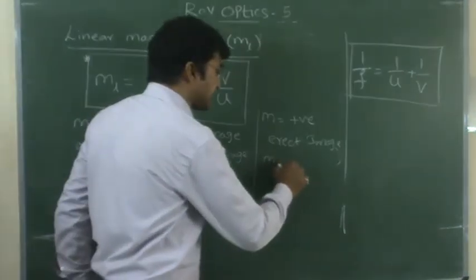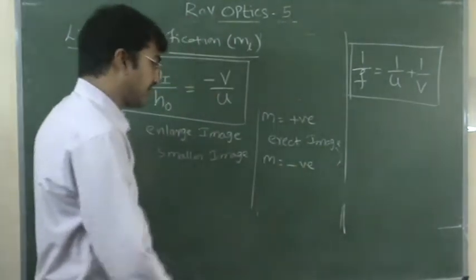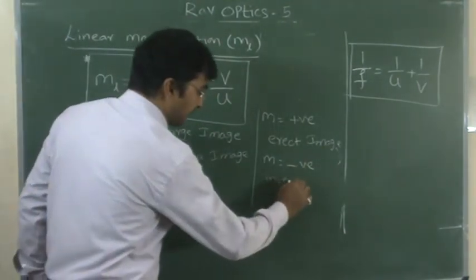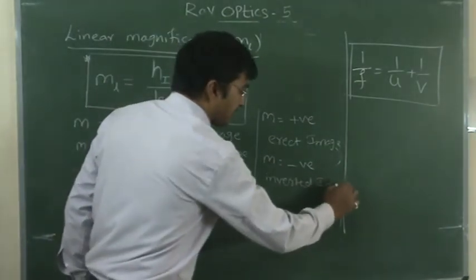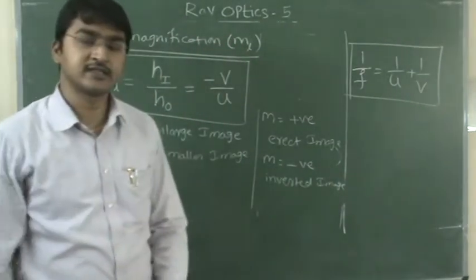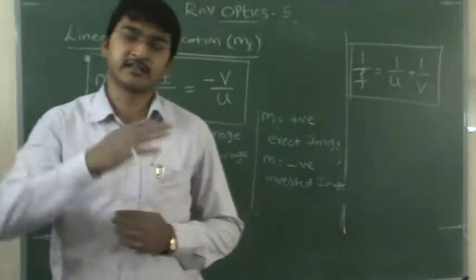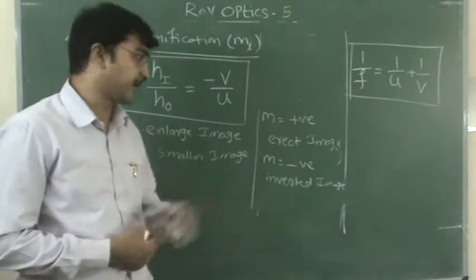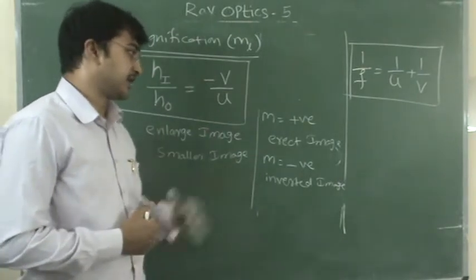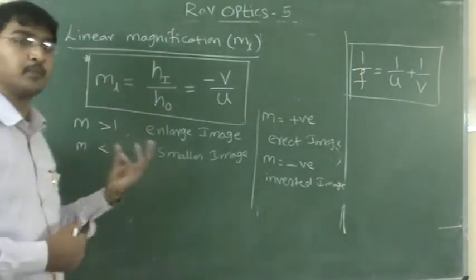If m is negative, it is an inverted image. As you know, whether the image is real or virtual is based upon this concept. m is positive, m is negative. So these 2 points you should remember.